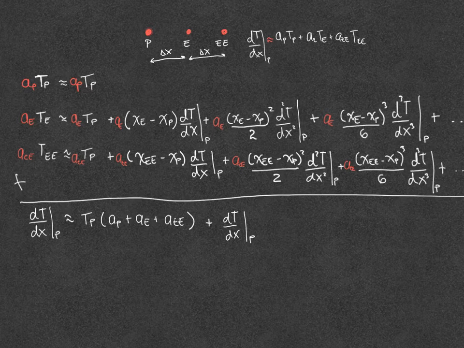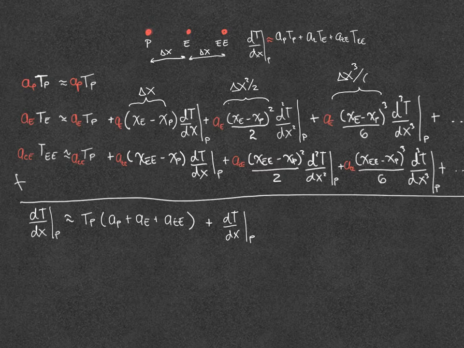So everything gets simpler for the equations and the explanation. This means that this term becomes delta x, this one becomes delta x squared over 2, and this one becomes delta x cubed over 6.